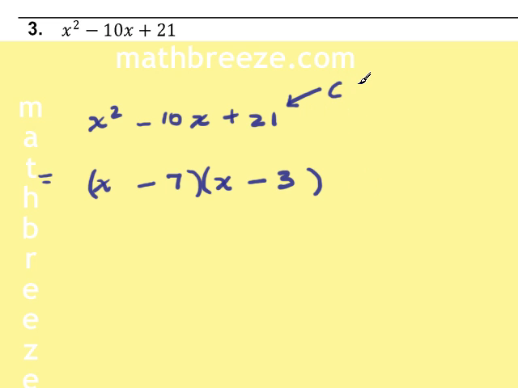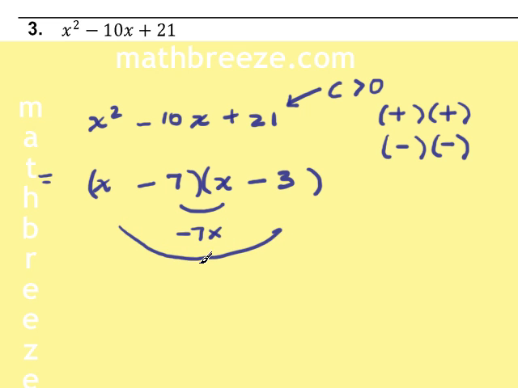So if c is greater than 0, that means our factorization might have 2 plus signs, or it could also have 2 minus signs in the middle, 2 subtractions. In this case, because b is negative, it must be minus minus. All right, let's try this. Here we have minus 7x, and we have minus 3x, and this sums to negative 10x.